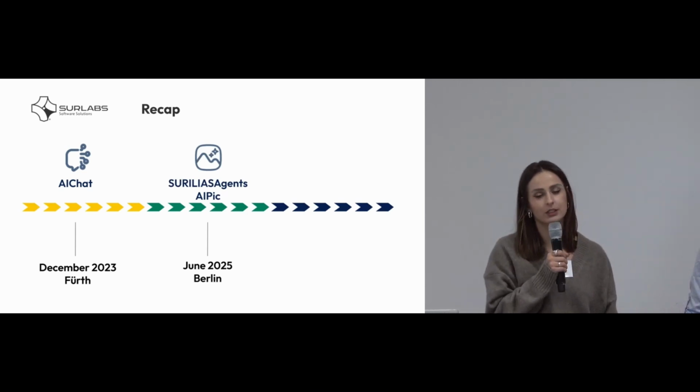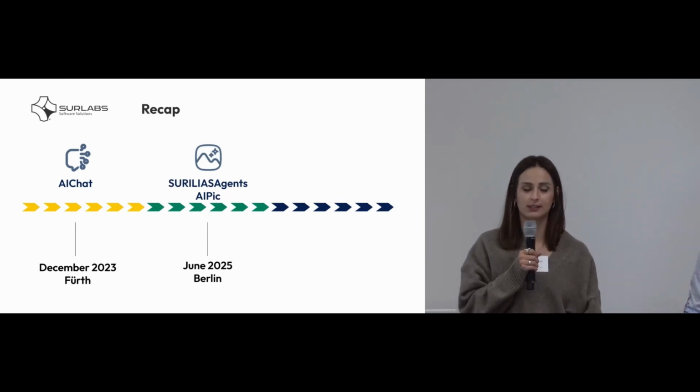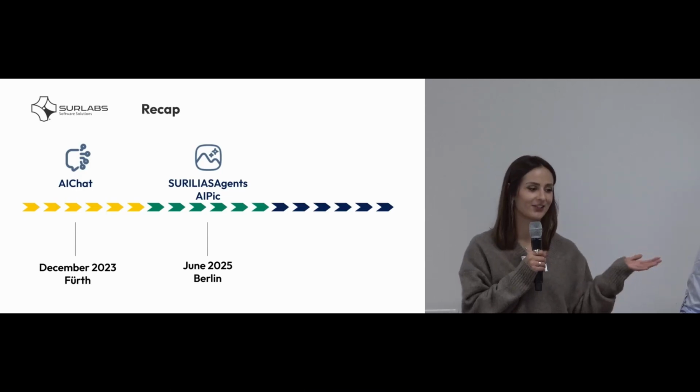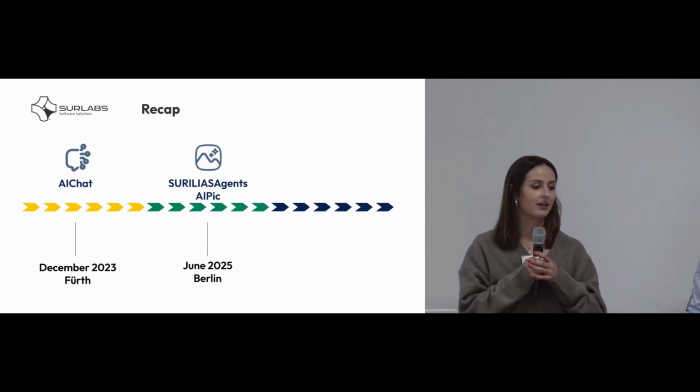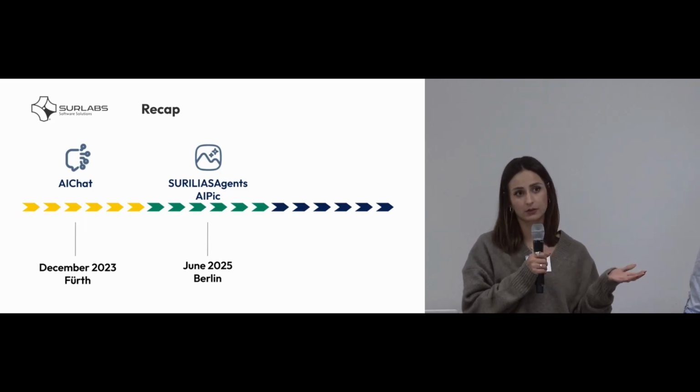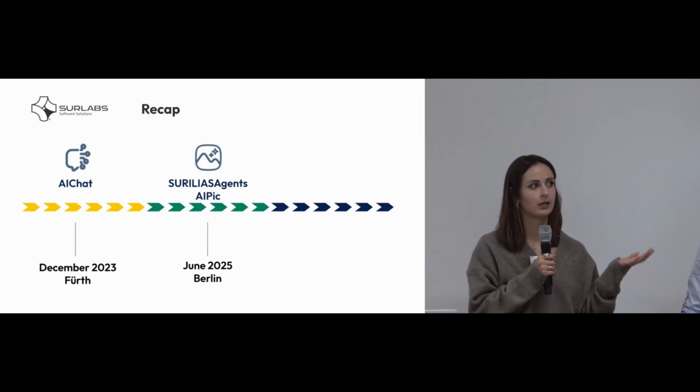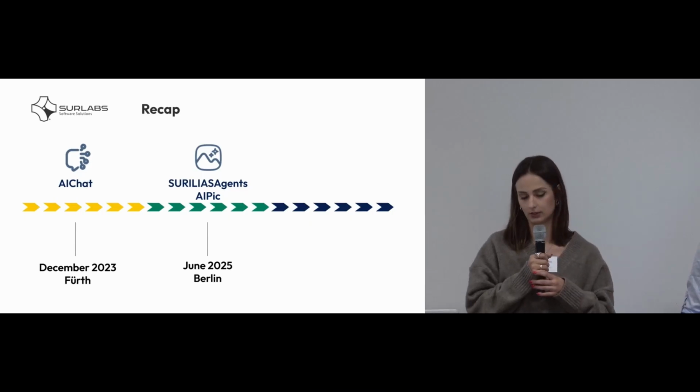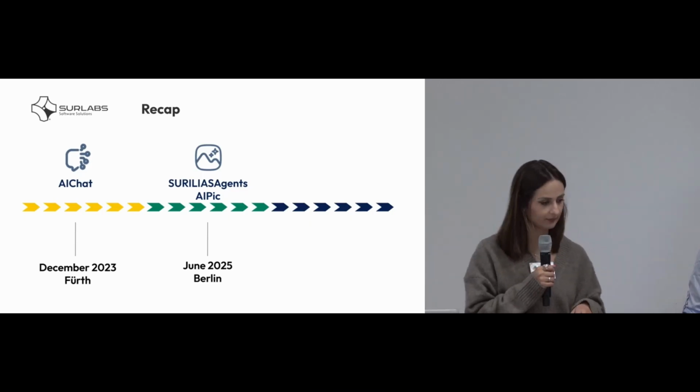Then what we presented you in June was our first ILIAS agents, and of course the SIR context and our other open source solution, which is AI Pic, which creates AI generated pictures.